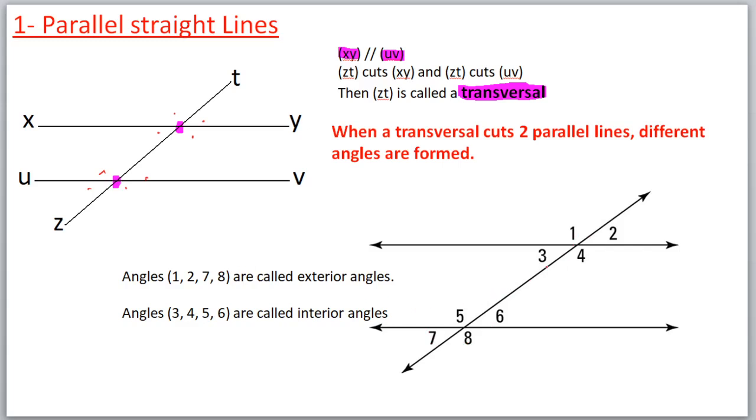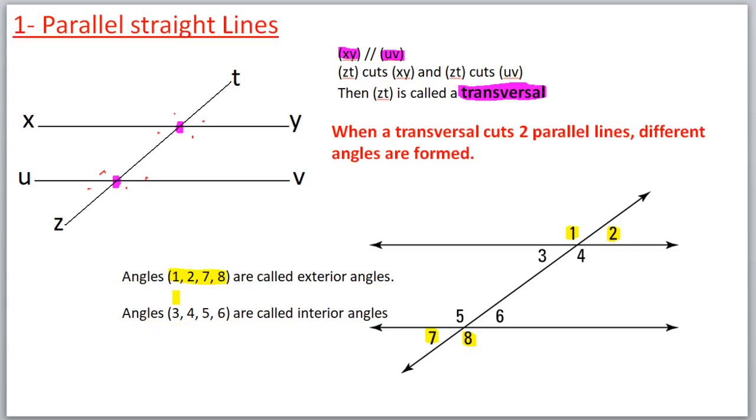Let me color them with different colors. Let us color it by red, by yellow. Angles 1, 2, 7, and 8 are called exterior angles. Angle 1, angle 2, angle 7, and angle 8 are all called exterior angles.